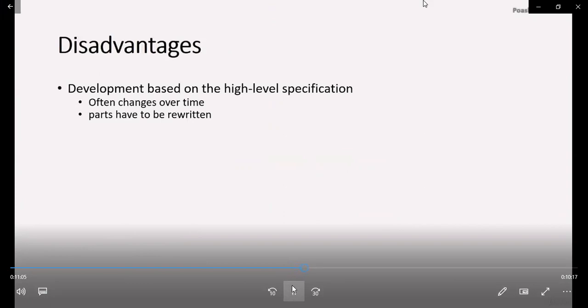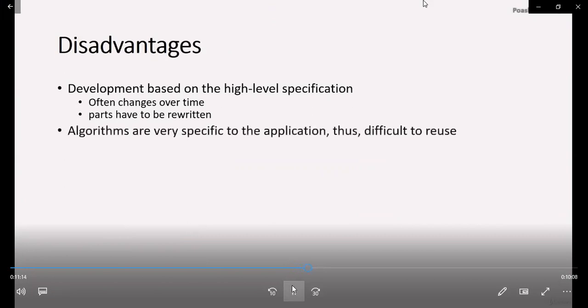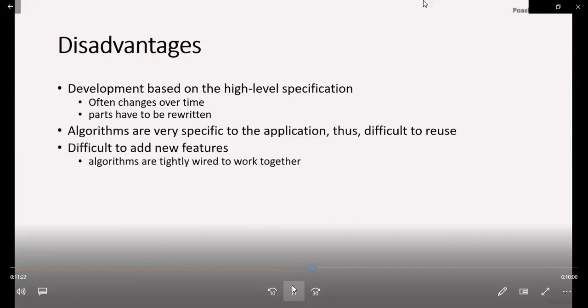Now this approach may work for a smaller application, but it is not suitable for large-scale software development. The first reason is that development based on algorithmic decomposition is based on a high-level specification, and we know that in software development the requirements of the client often change over time, and that causes some parts of the software to be rewritten.